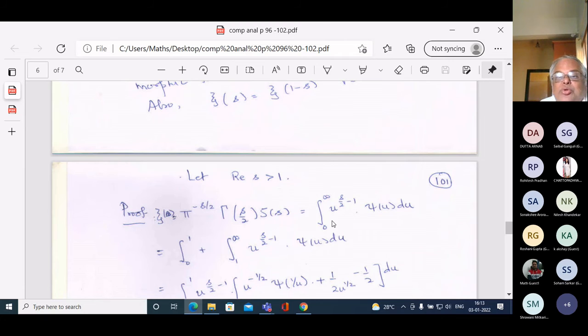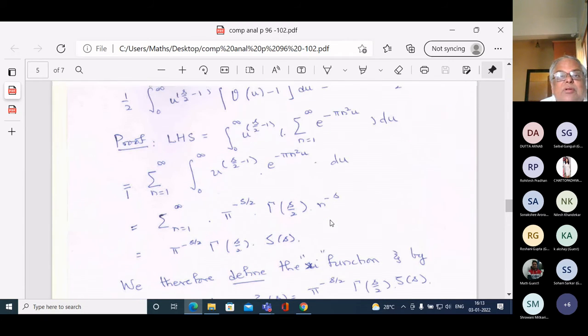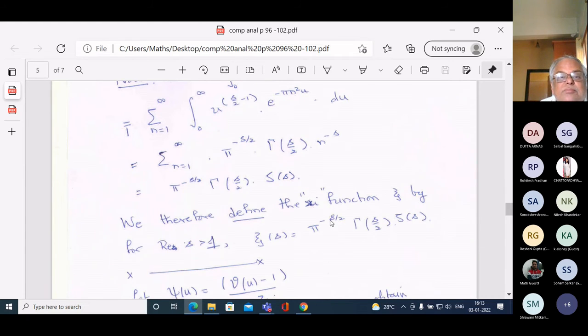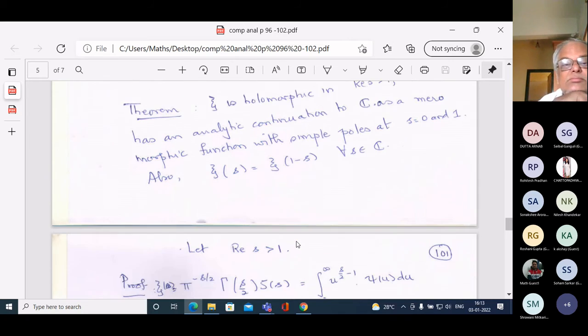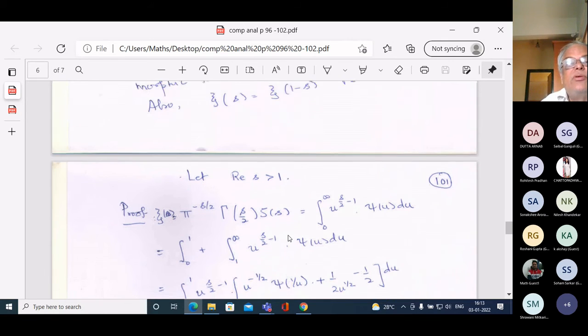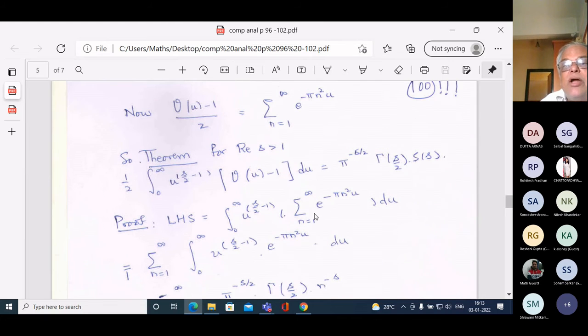And I have shown you that pi to the minus s by 2, gamma of s by 2, zeta of s is equal to the integral from 0 to infinity of u to the s by 2 minus 1, theta of u minus 1 divided by 2, du.